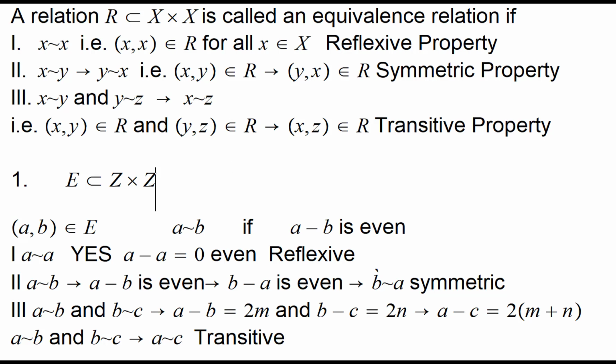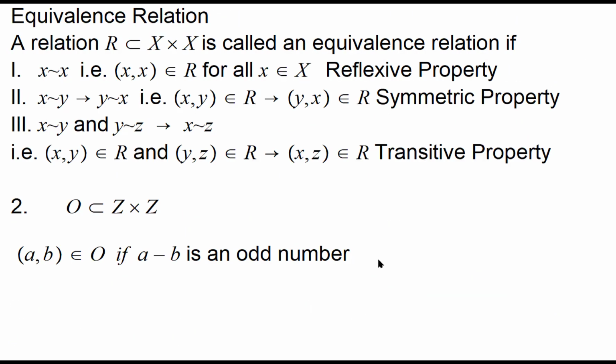So what we found is that, actually I had taken the letter E for them being even, but it corresponds to being an equivalence relation, right? So this relation that we defined in one, that A and B are related if A minus B is an even number, is an equivalence relation.